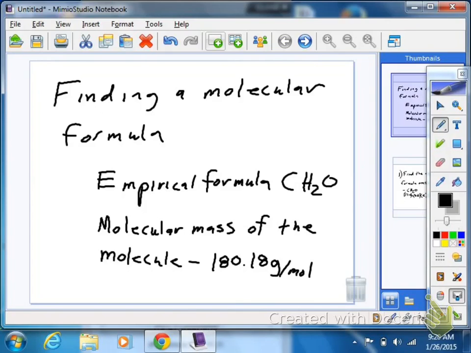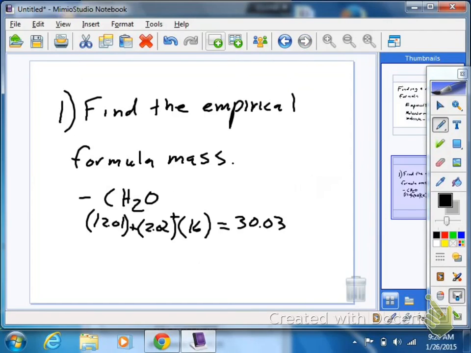It was always a multiple of 2, 3, 4, 5 higher, in moles, for example. But this is in weight. So our second step is real easy. We take the empirical mass and divide it into the molecular mass. That's going to give us our multiplier.